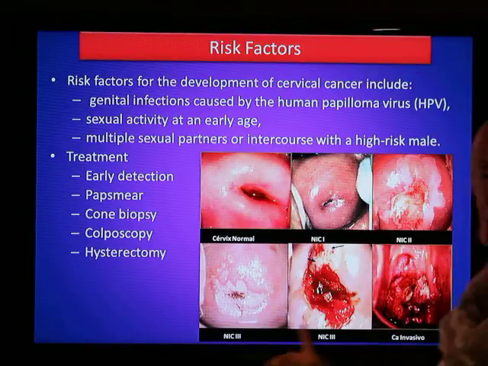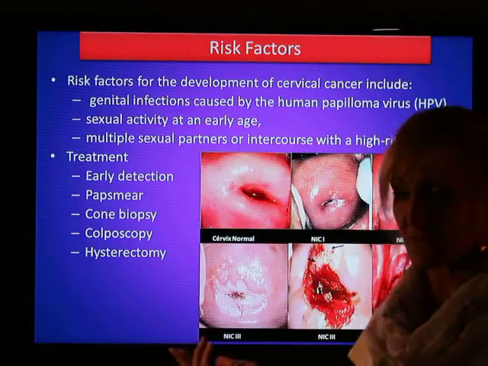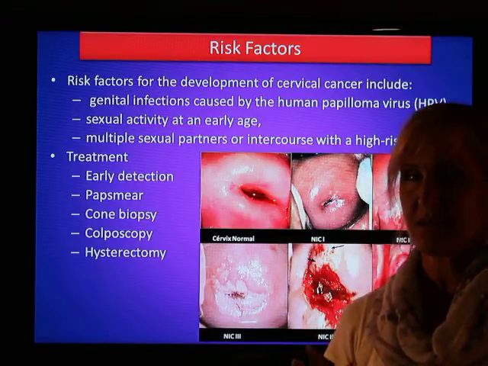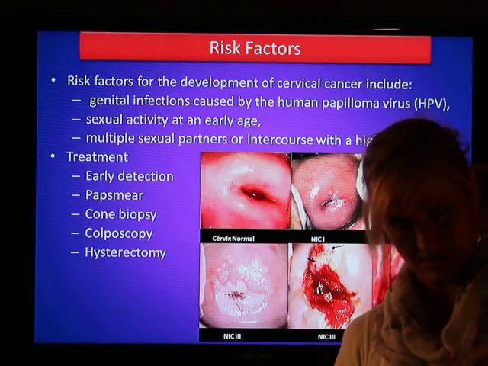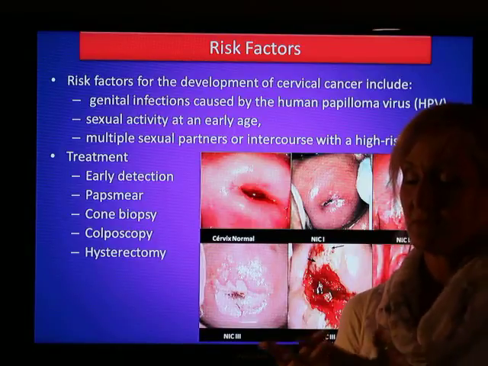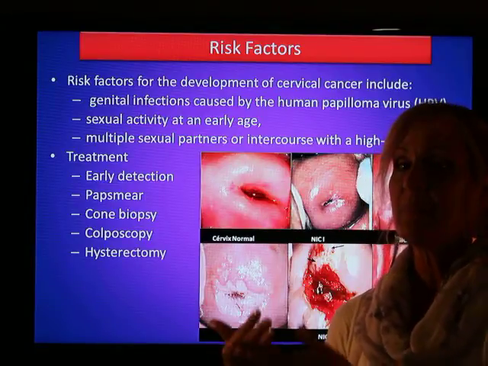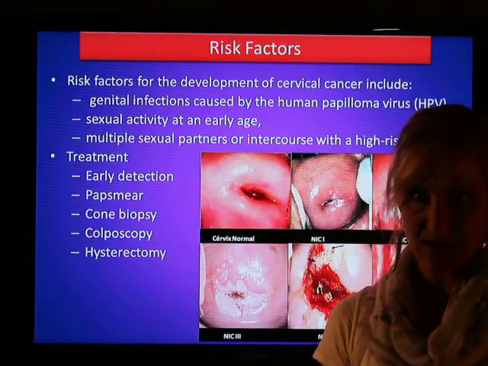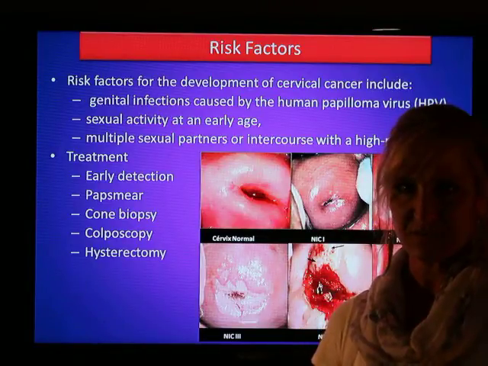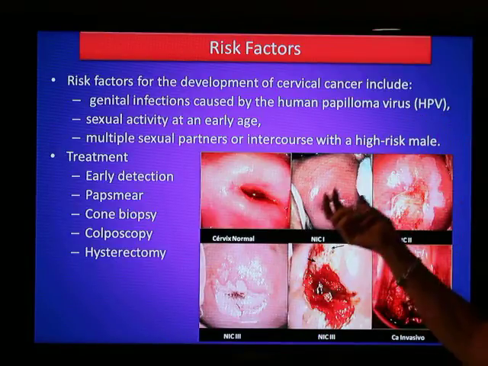So this becomes a little bit tricky because we like our female patients at the age of 13 to start getting vaccinated for this, because as we know, in healthcare, our adolescents, unfortunately, even against medical advice, are starting to have sexual intercourse a little bit earlier than we would like. So your patients who are having intercourse at the age of 13, 14, 15 are more likely, one, to not understand how to practice safe sex, and unaware of some of these viruses that can lead to some of these malignancies.